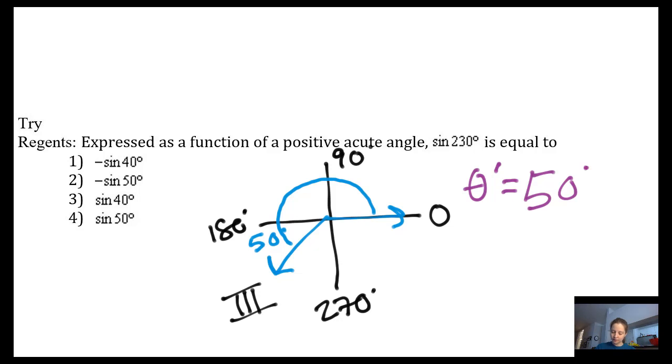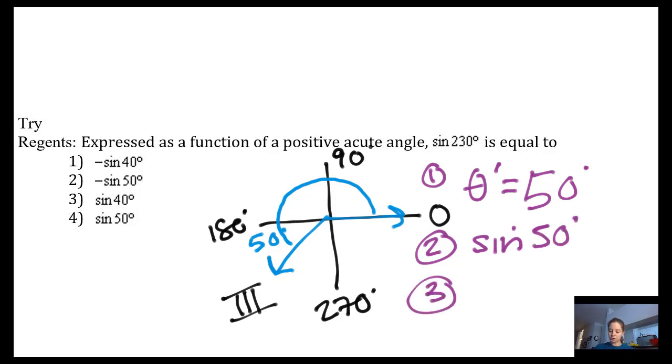And so this is the first step. Second step is I would find the sine of 50 degrees, whatever that is. And the third step is to determine the sign of the trigonometric function from that quadrant.